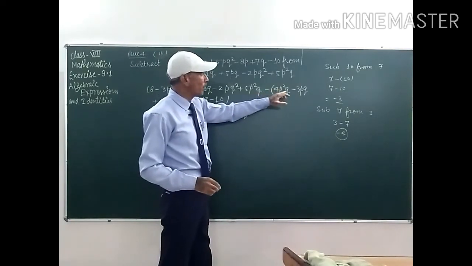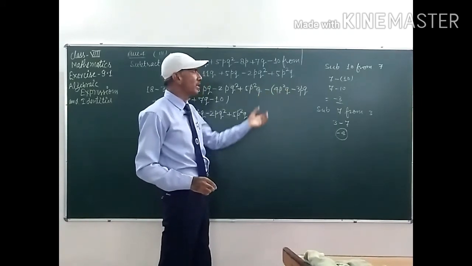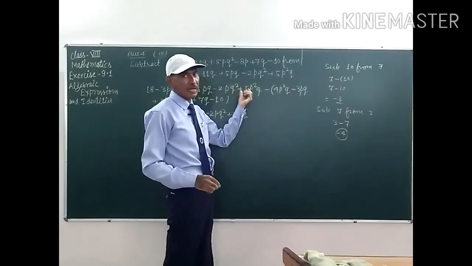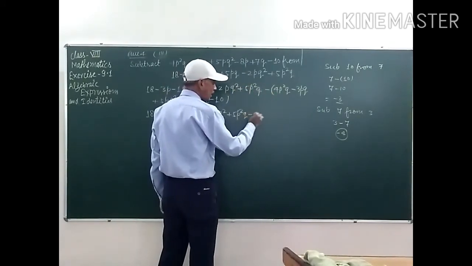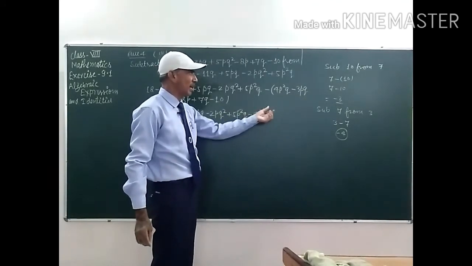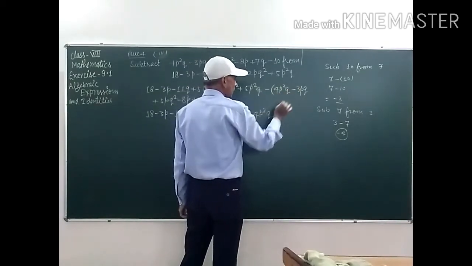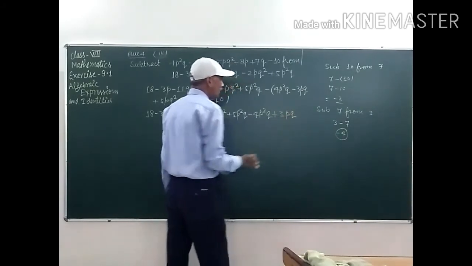Students, this one, 4p square q is positive, and after opening the bracket it will be negative, because positive is multiplied with negative. Positive times negative makes negative. So this will be minus 4p square q, and this minus minus will be plus 3pq.